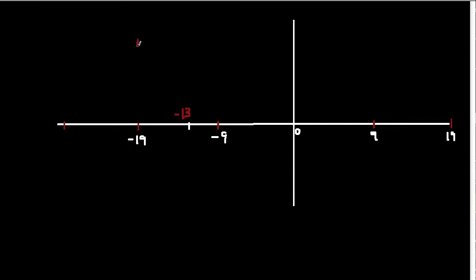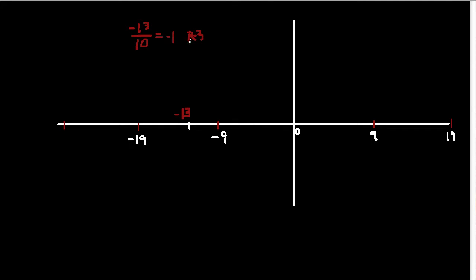Well, I divide 10 into -13, right? And that gives me -1 with a remainder of -3.